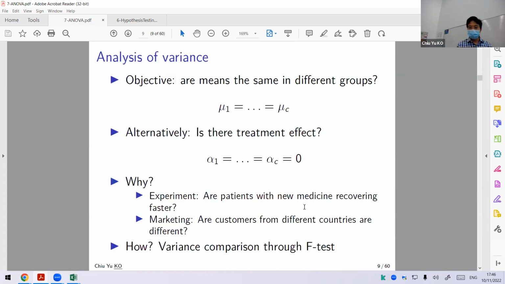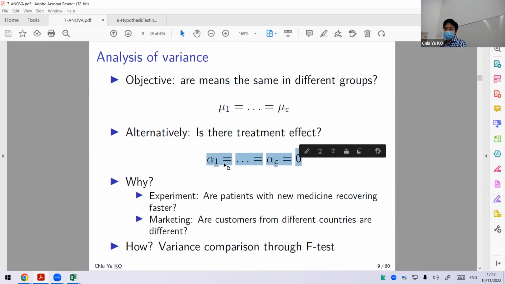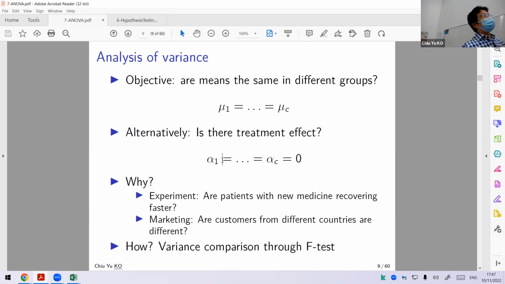And the next thing is, again, the ANOVA is asking whether each group mean is the same, or is there any treatment effect, okay? The treatment means the deviation of the group mean from the grand mean, the overall mean.